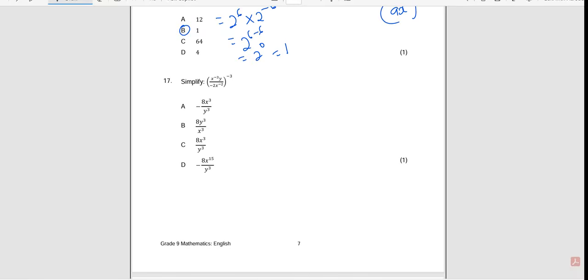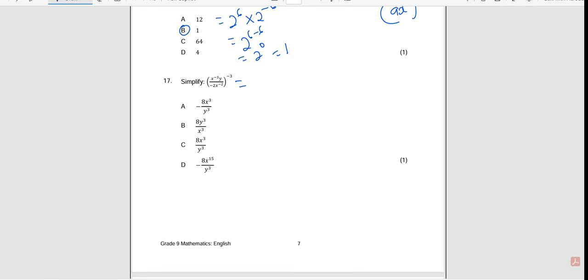Number 17 says simplify. So the first thing that we're going to do in this instance, we are going to take this into the numerator, and we are going to take this to the denominator.